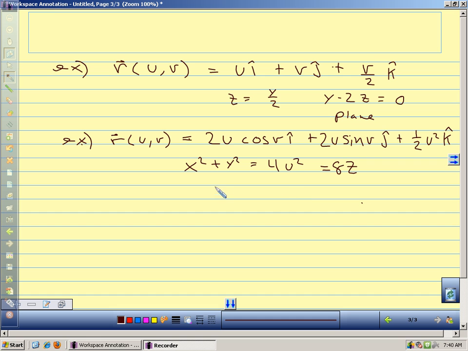And what is that surface? A cone? Not a cone, but a paraboloid. Cones have straight sides. Paraboloids have parabolas for sides. So this is a paraboloid.